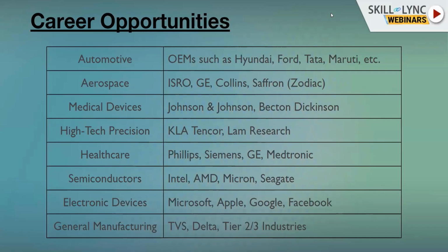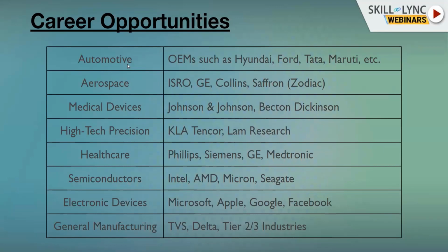Aerospace, the number one is ISRO, again GE, Collins, Zodiac. There are a lot of OEMs, original equipment manufacturers, in India. So they definitely call for opportunities for electronic cooling engineers. Hyundai, Ford, Tata, Maruti. High precision equipment is like the wafer manufacturing system, that means the chip manufacturing companies like KLA Tencor, Lam Research.